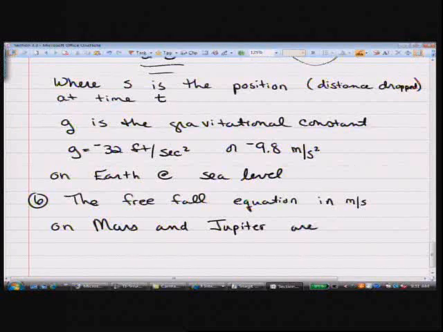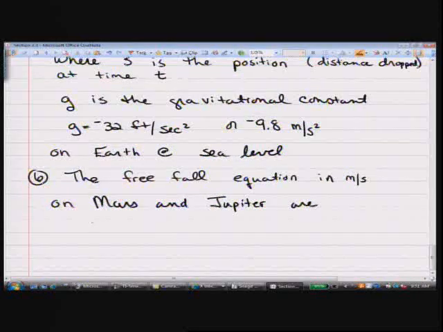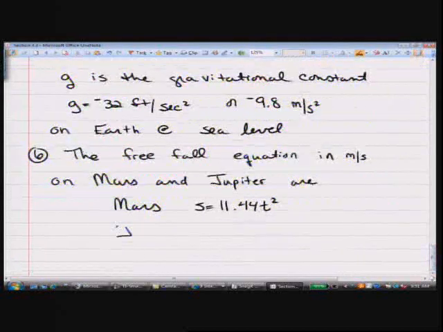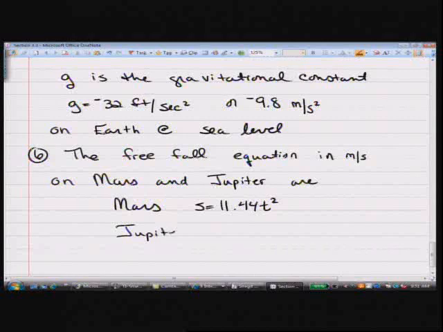So for Mars, we get s equals 11.44 t squared. You're heavier on Mars, I guess. And Jupiter's where you go if you want to weigh less, is that right?